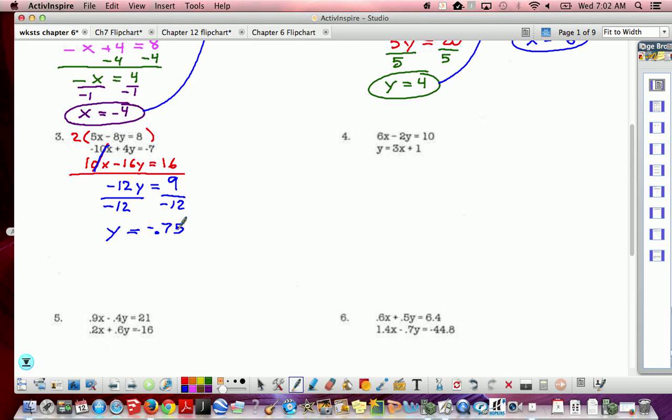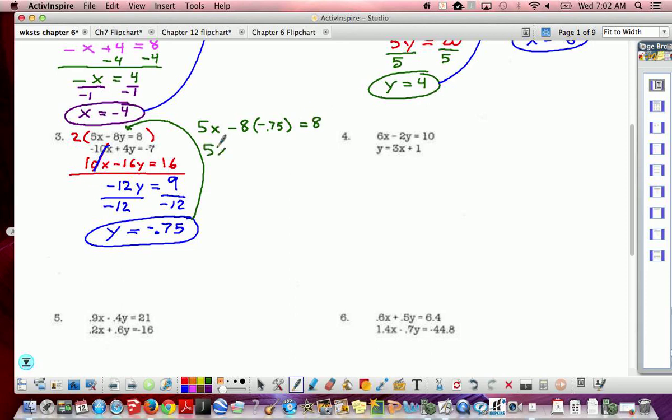Now I know this one gives you a decimal answer. That actually can happen, but we'll double check just to make sure our answer is correct at the end. So I'm going to take that value, plug it into the first equation. So I get 5x minus 8 times negative 0.75 equals 8.